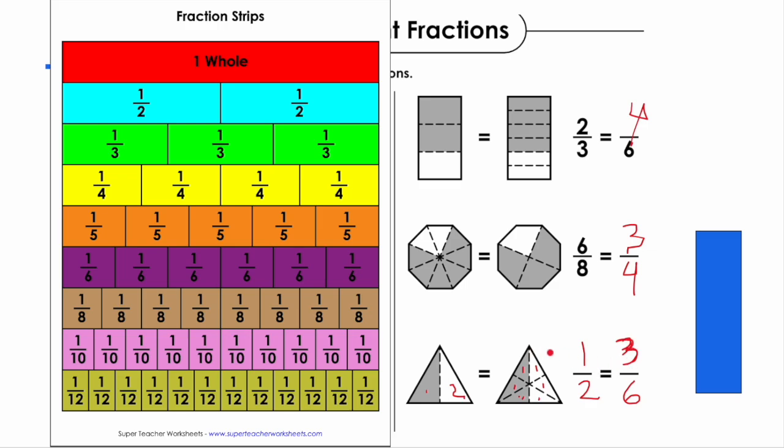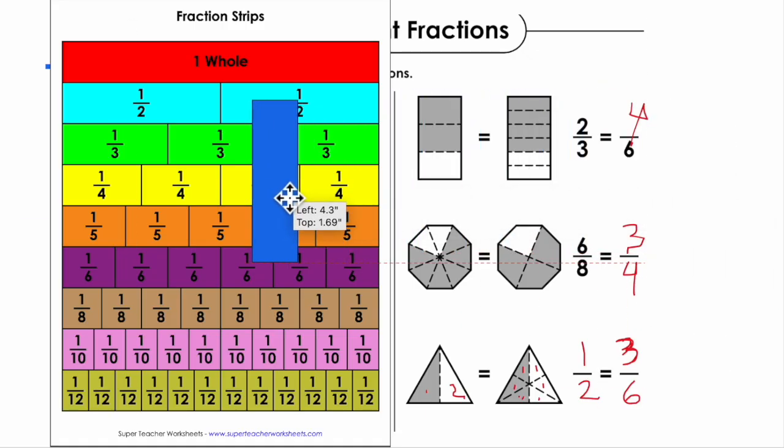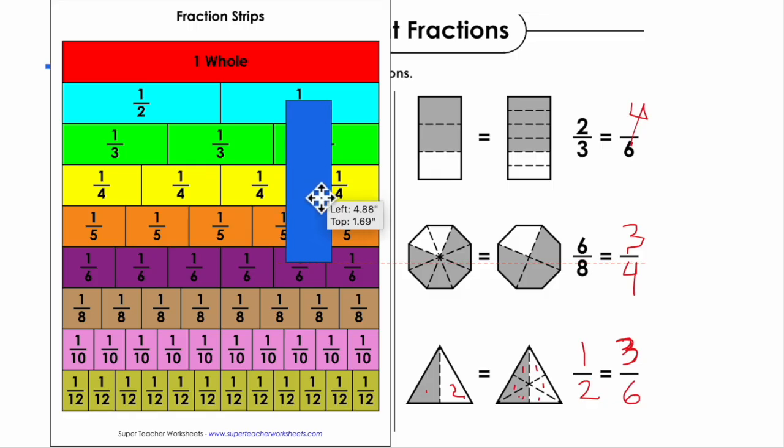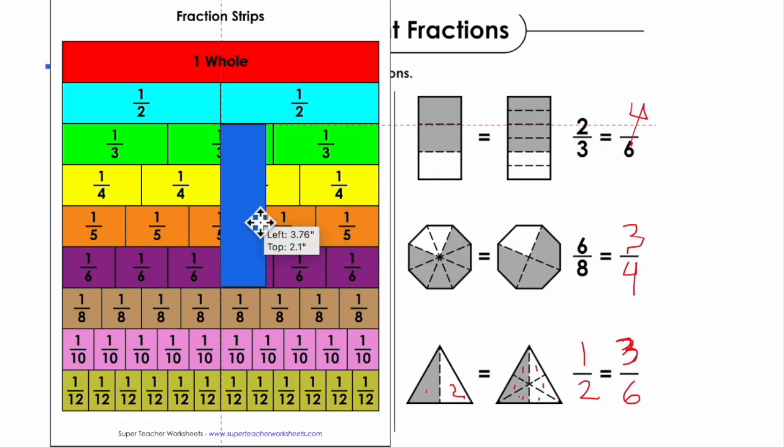All right. If I'm not 100% sure, I can take my nice little tool here, my straight edge. I'm going to go 3 sixes. Look at that right there. 3 sixes is equal to 1/2.